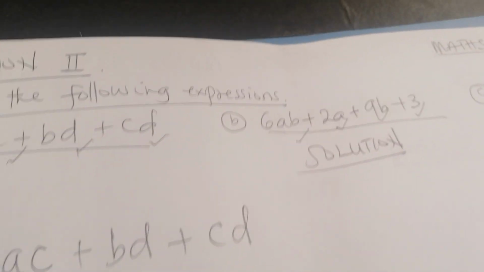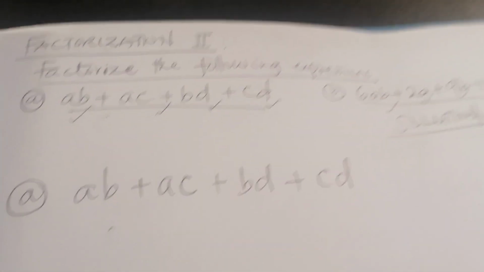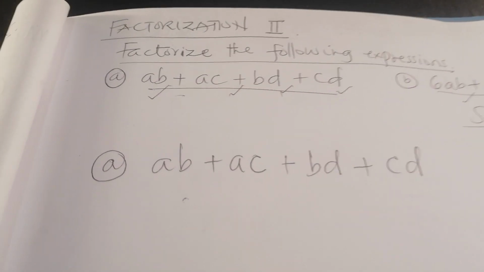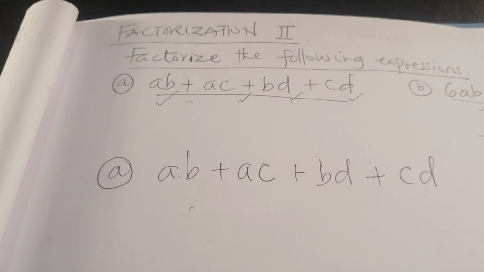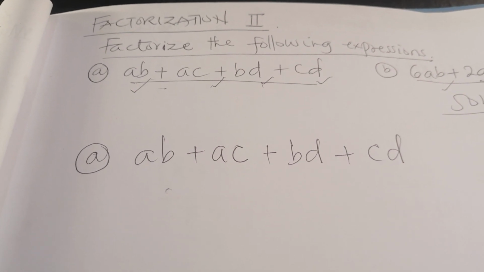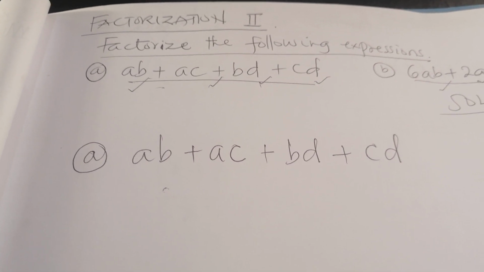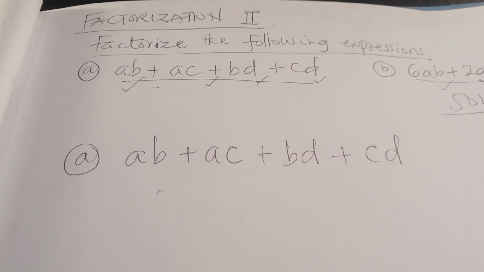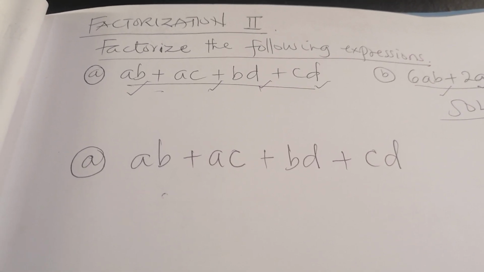Alright, in our first lesson video on factorization, we learned the easiest way to factorize is by looking out for common factors. So with 4 terms still under factorization, first of all, we look out for 2 of the common factors and we group them.